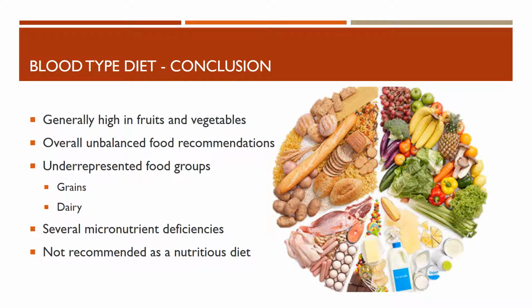So in conclusion, the blood type diet is generally high in fruits and vegetables, which is a good recommendation. However, it does have very unbalanced food recommendations for each blood type, and some consistently underrepresented food groups include grains and dairy. So that leads to a lot of micronutrient deficiencies, which can lead to a variety of problems. So for that reason, I do not recommend the blood type diet as a nutritious diet.